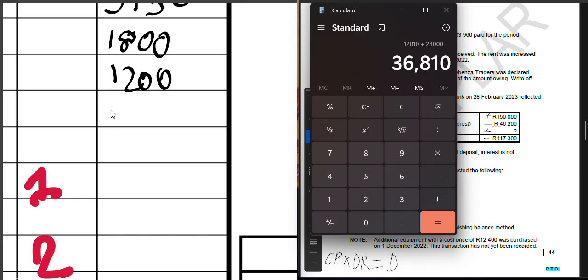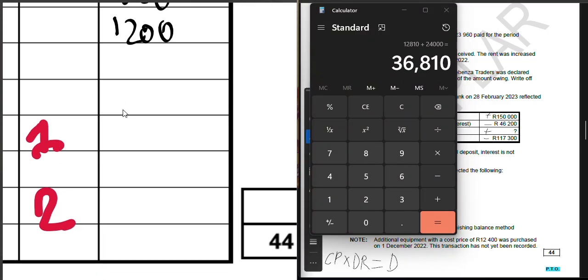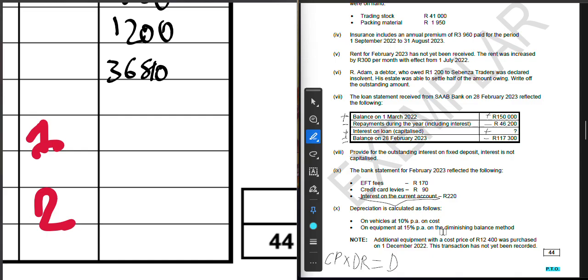This is going to give us depreciation of 36,810. Okay, so we are done with that. So let us continue with the rest of our information.